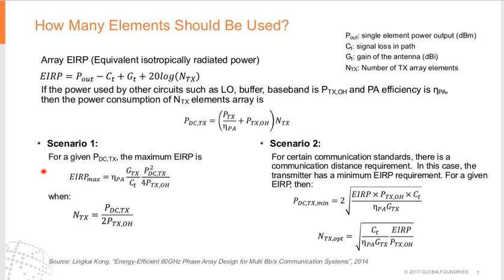The first one: if the total power consumption is fixed, we can calculate the maximum EIRP we can achieve.